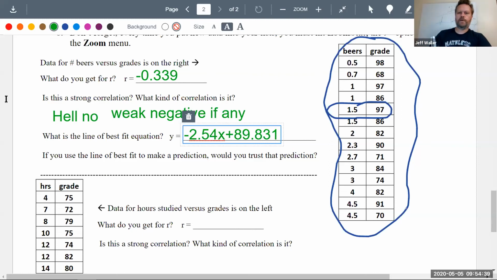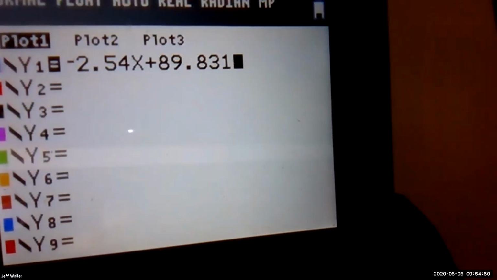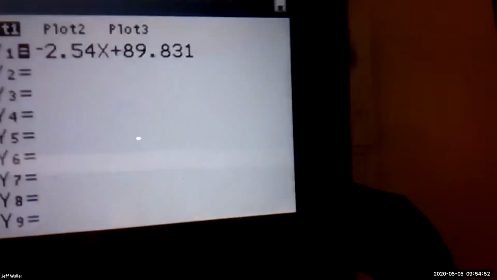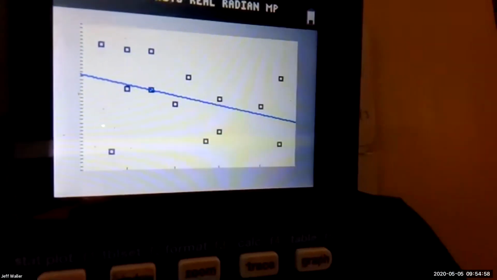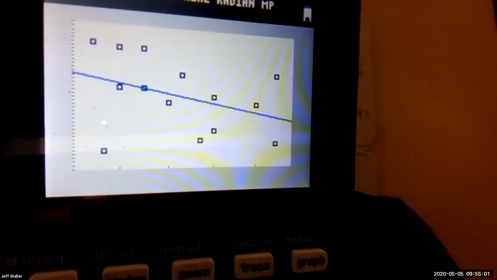I don't know why I still got the tiny screen. There, okay. Now if I hit graph, I should get this. So that's the actual line of best fit.